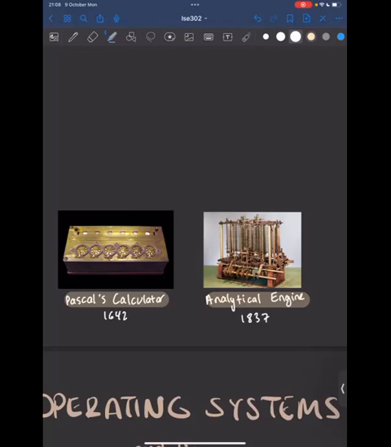It is designed as a mechanical general-purpose computer that utilized punch cards for input and output. It featured an arithmetic logic unit and also control flow, which makes it conceptually similar to our modern computers.